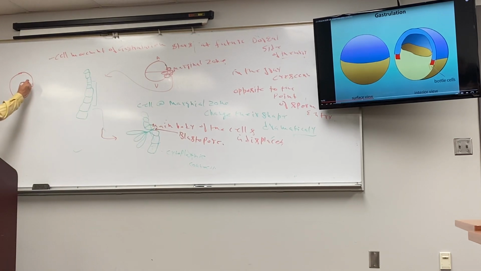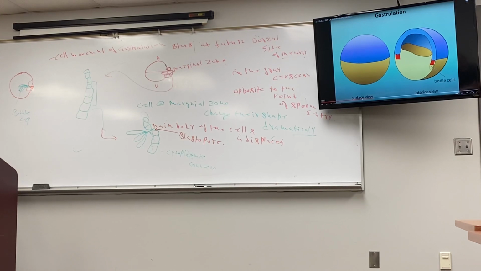And now if I look here, this cell is there, and these two cells which were far away have formed this connection right here, and you have these bottle cells being formed. Making sense here? So these are your bottle cells. And then this upper cell has made connection with this cell.